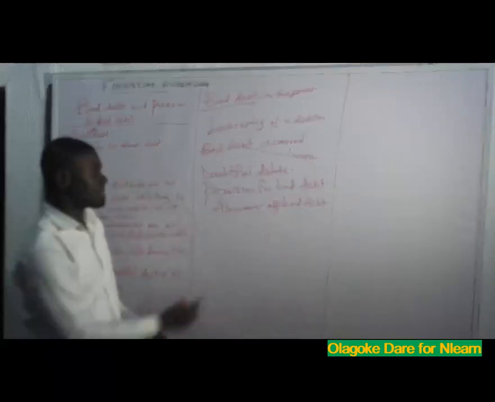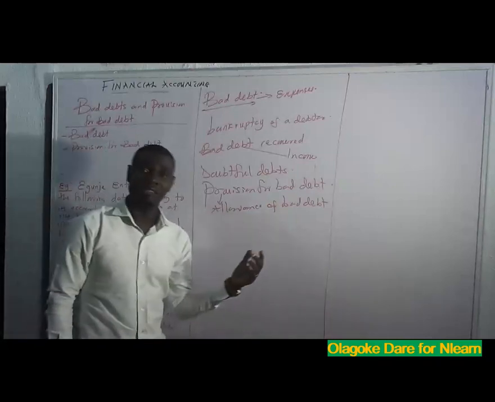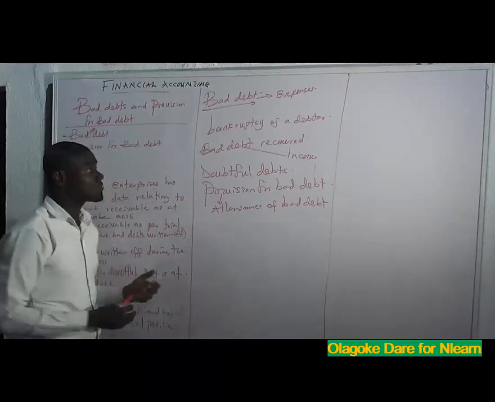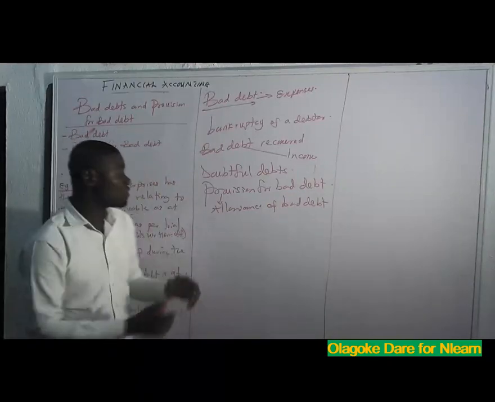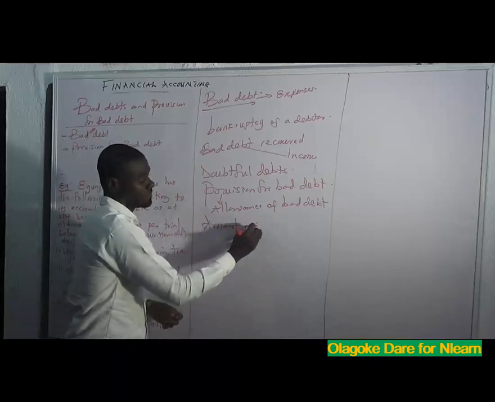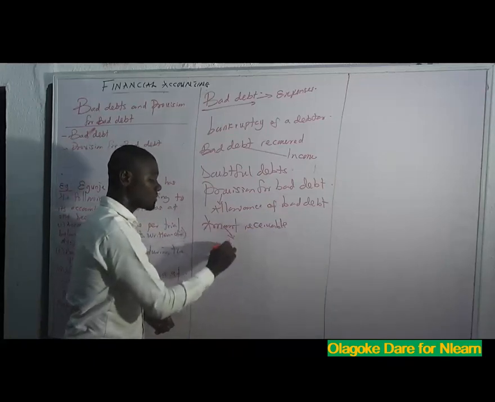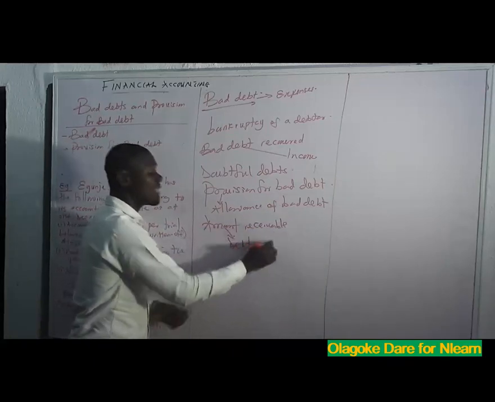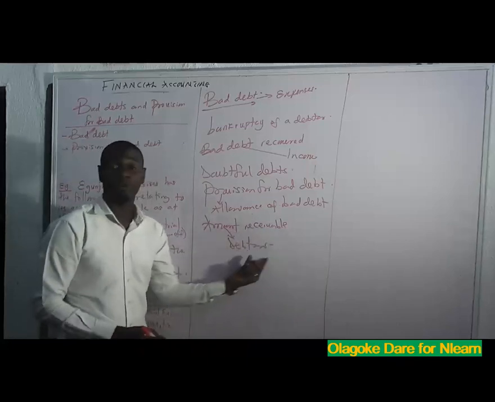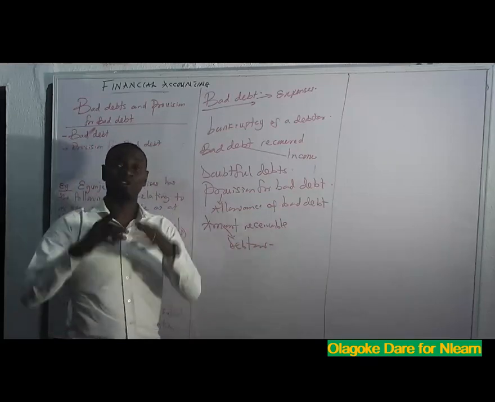Now, provision for bad debt is an amount set aside from the amount receivable, and when we say amount receivable, we are talking about your debtors. So an amount set aside from the account receivable, or from your total debtors balance, so as to meet up future bad debt that cannot be predetermined.